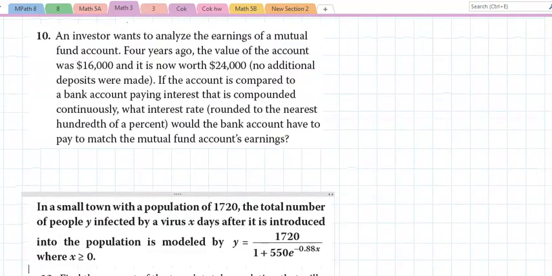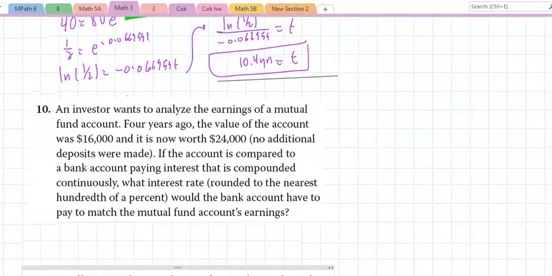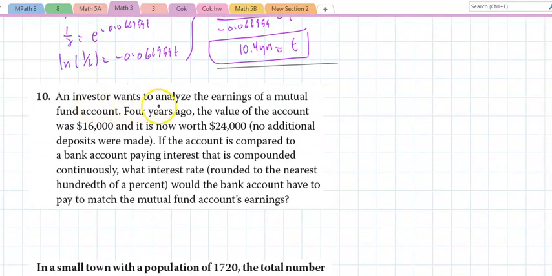Here's another problem. This problem is on investment. It says an investor wants to analyze the earning of a mutual fund account. Four years ago, so this is 4 years ago, this is now, the value of the account was 16,000. And now, it is 24,000.